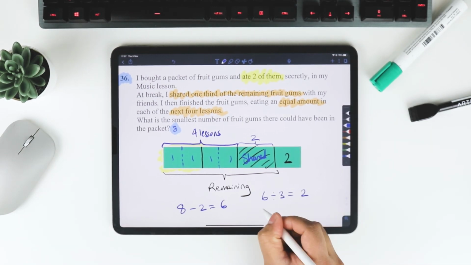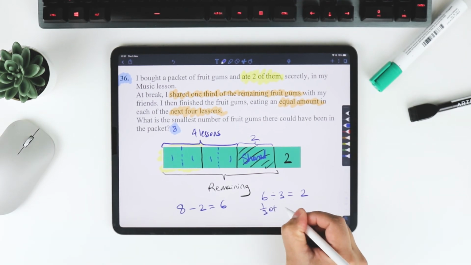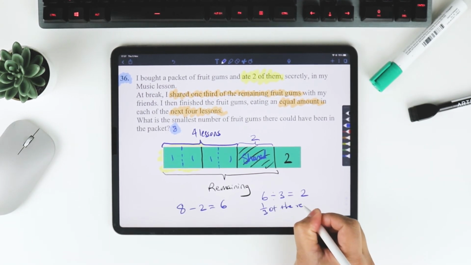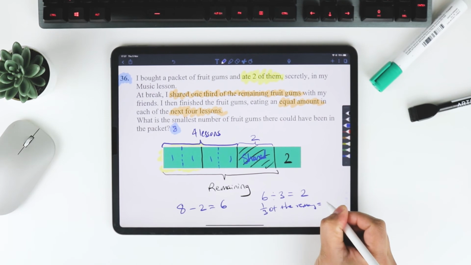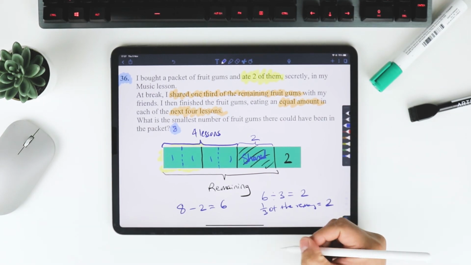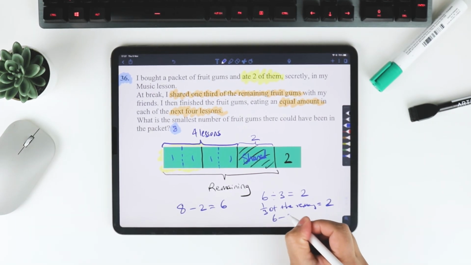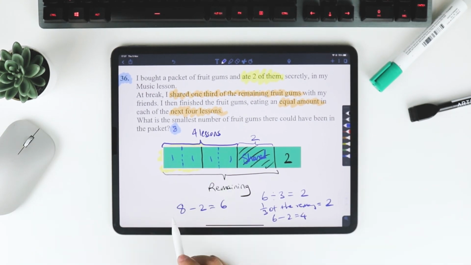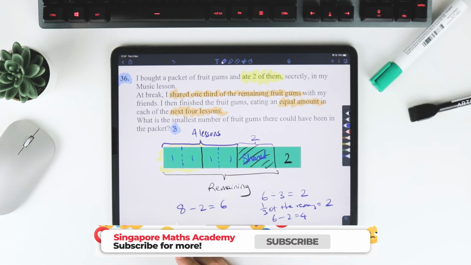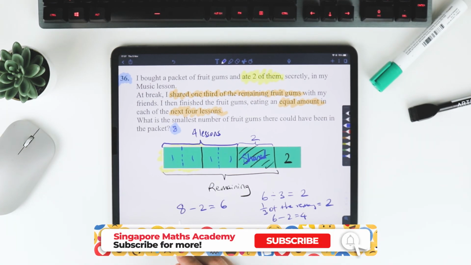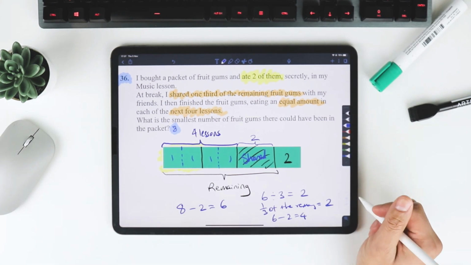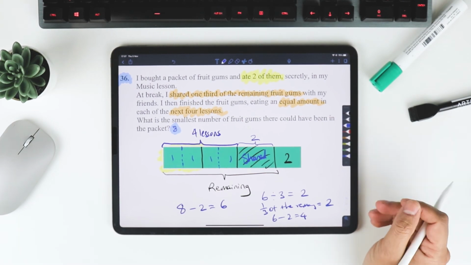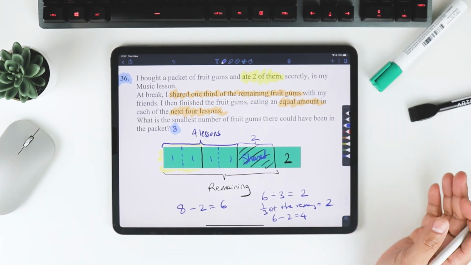That means 1/3 of the remaining equals 2, so he ate 2. So he's got 6 take away 2, 4 left, which he shared equally in the 4 lessons, 1 each. Therefore, altogether we have 8 in the packet as the absolute minimum, the smallest number.